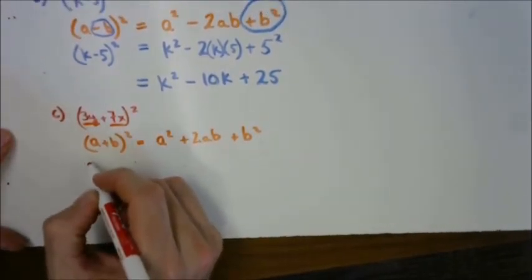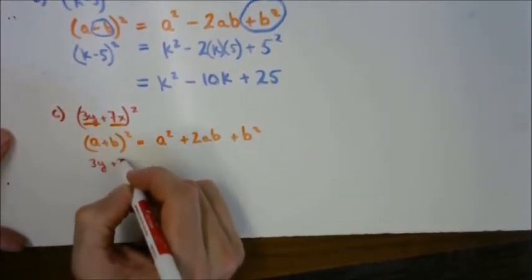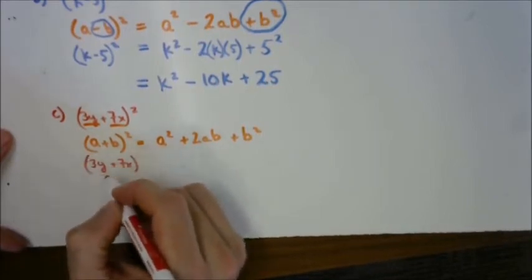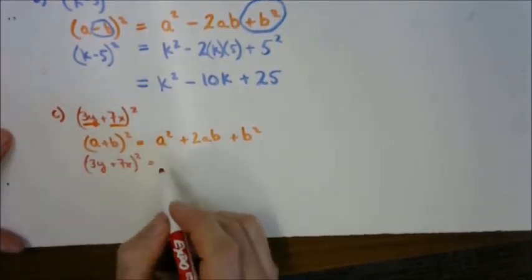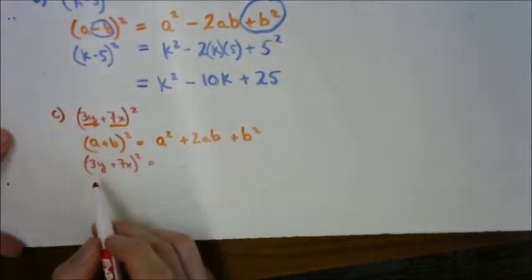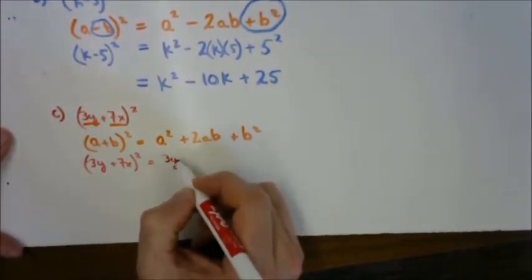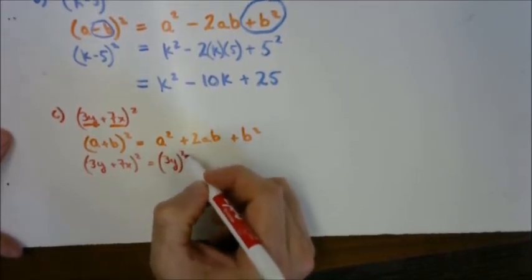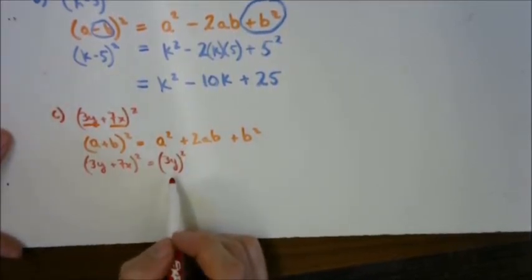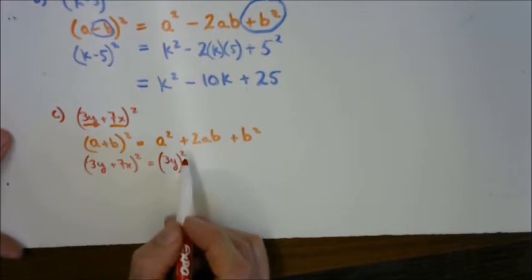Okay, let's plug it back in. (3y + 7x) squared. Well, a is my first term. What's my first term in this binomial? 3y, and it's going to be squared, but make sure you don't just square the y. You have to put it in brackets and square the whole thing.